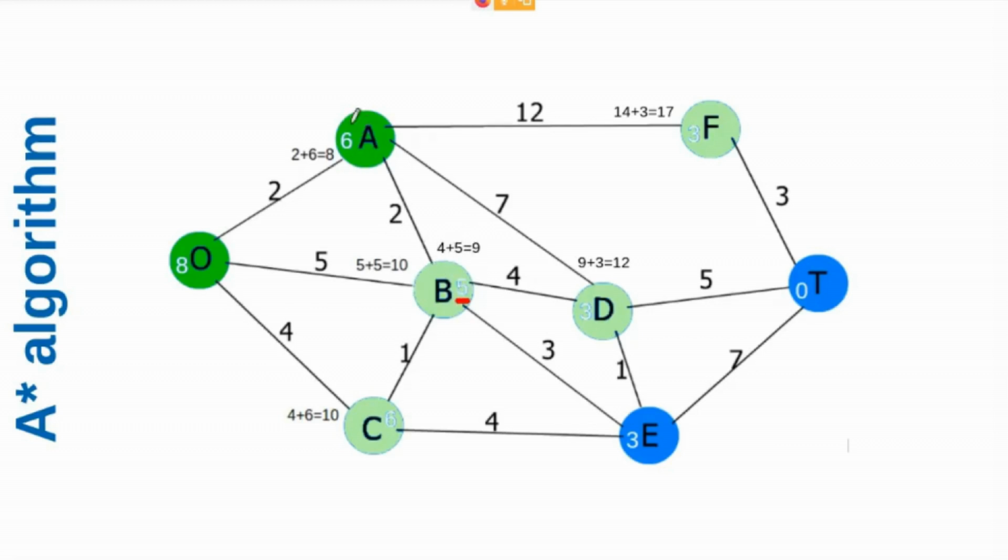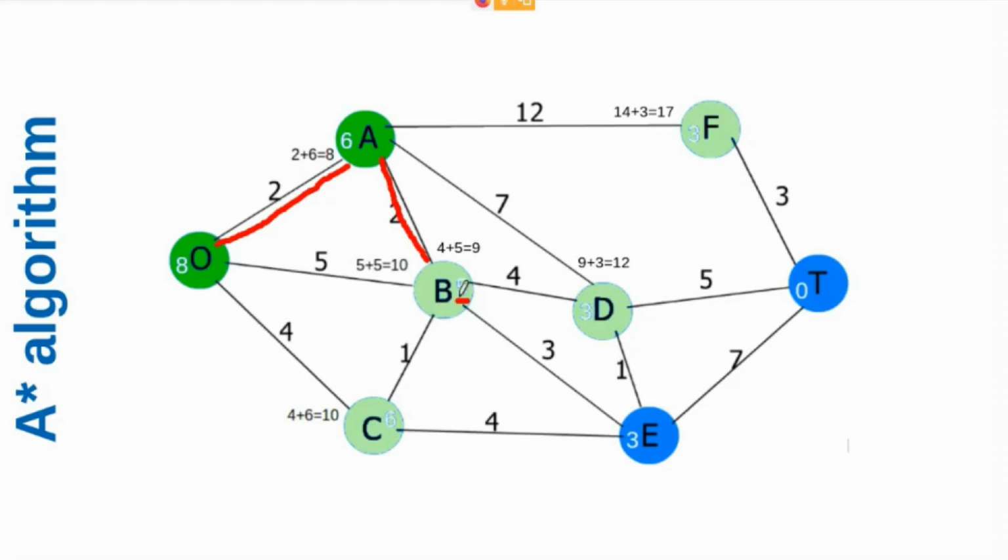So the heuristics of A has not been added in here, right? So this is a 5, not an 11, right? It is a very important thing. You add the total cost, 2 plus 2, but you add the heuristics for this neighbor, only for this neighbor, right?